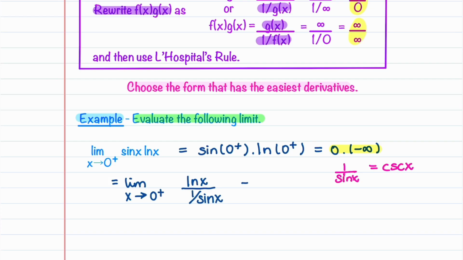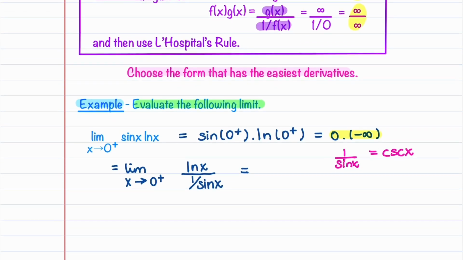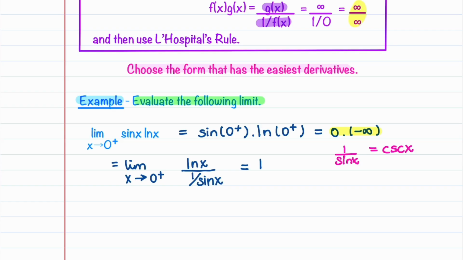Let's see what this gives us when we let x go to 0 from the right. This is natural log 0 from the right, all over 1 over sine 0 from the right, and this is minus infinity divided by 1 over 0, so we get minus infinity over infinity.